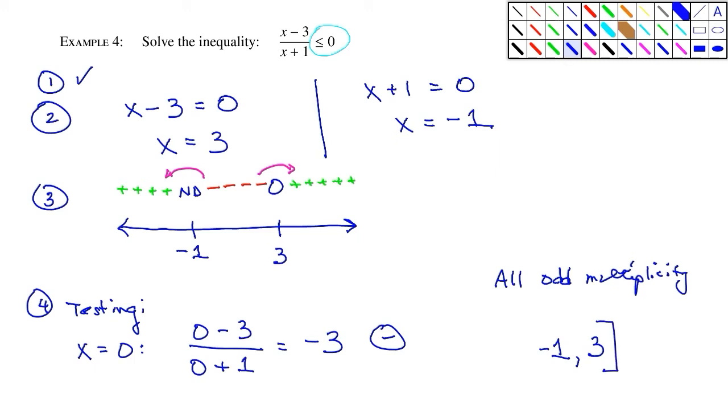But at x equals negative 1, it was undefined. It was not equal to 0. And it's not even defined there. So it's going to be an open parenthesis at x equals negative 1. And that's the answer. So make sure you get the difference between the open parenthesis and the square bracket with the equality. Make sure you get those down because those become very important.